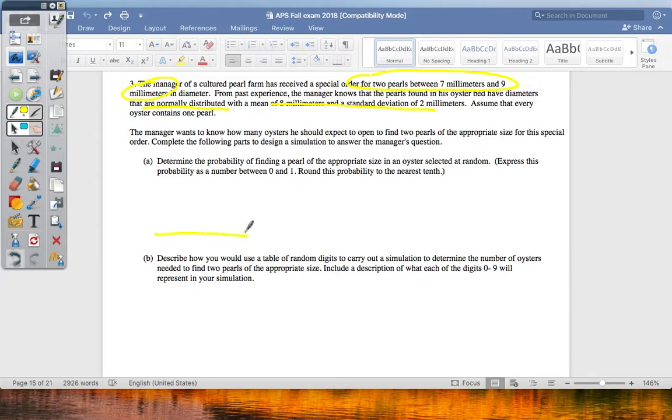So in this situation, this is a normal distribution where we have 8, 2, and the appropriate size would be between 7 and 9. So here's 8, 7, and 9. So we want to find the probability that goes here, and you can use normal CDF.